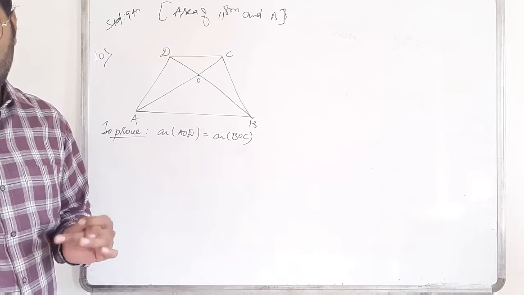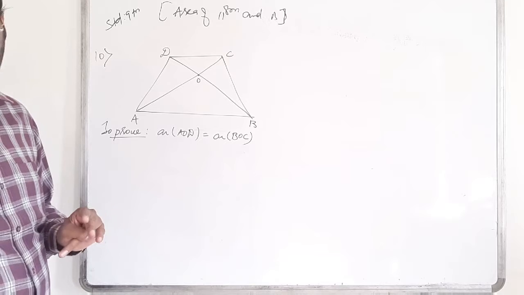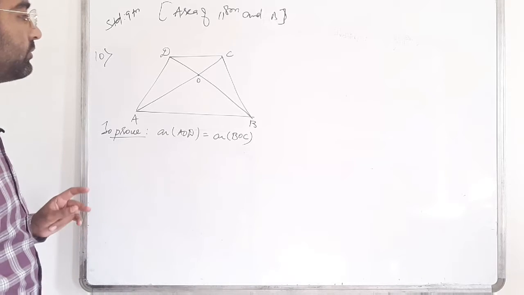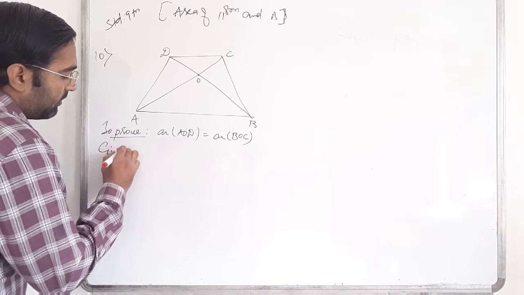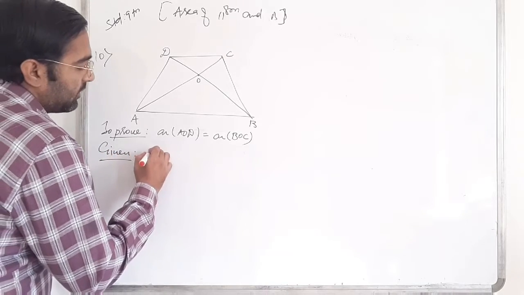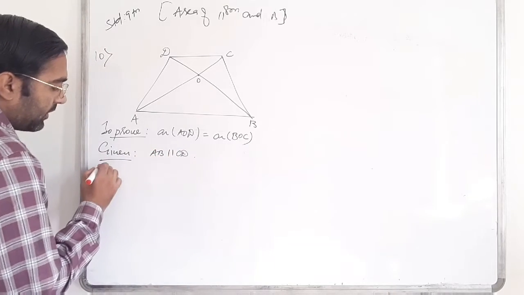So let's start. Here it is given that AB is parallel to CD.